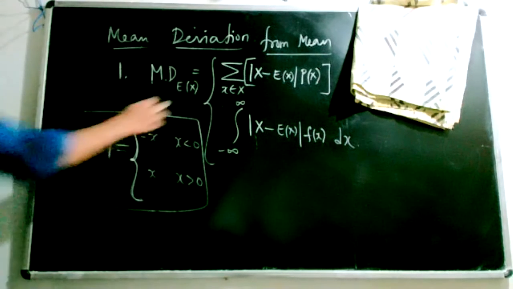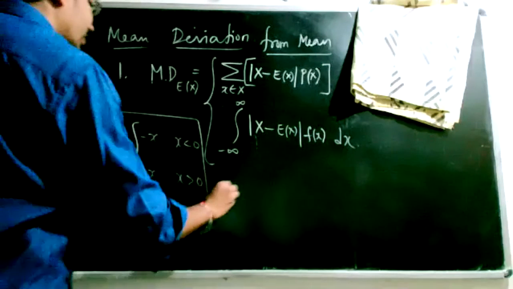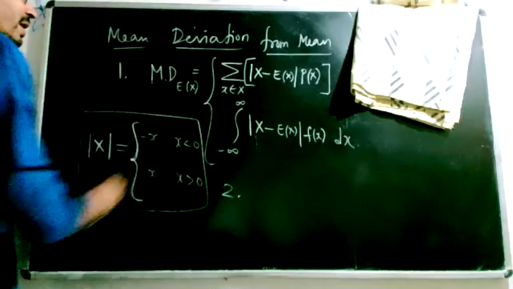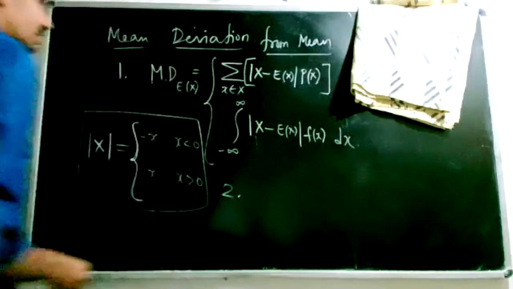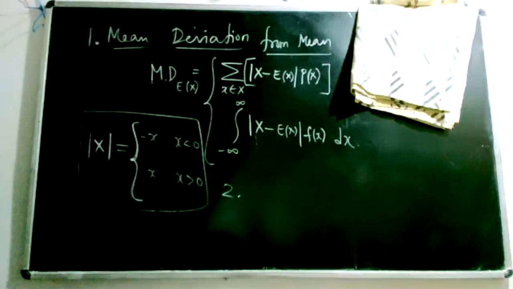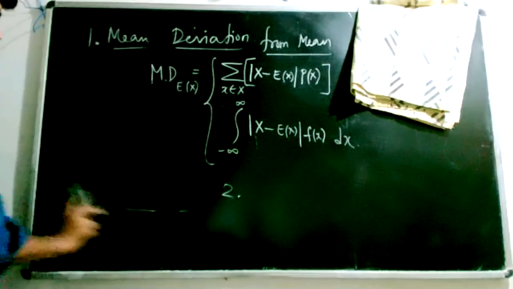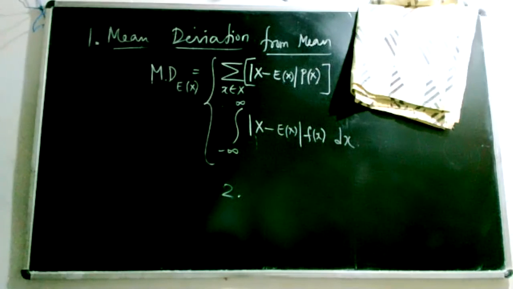If you put mode in place of E of x, you get mean deviation from mode. So there are mean deviation from median, mean deviation from mode, and mean deviation from mean. Remember the mod x formula: mod x is minus x in the negative region and plus x in the positive region.